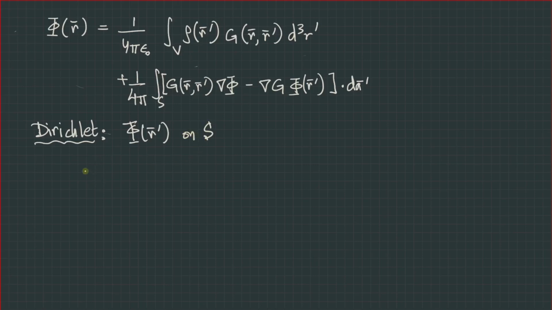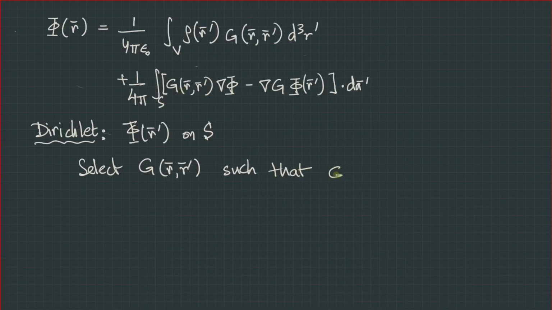So we have to select G such that this is 0. This part becomes 0.